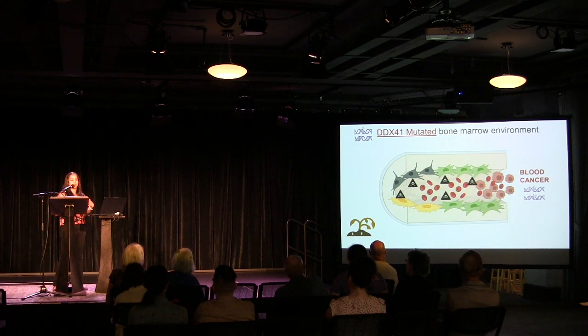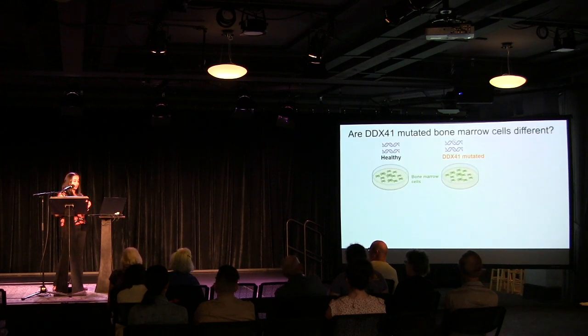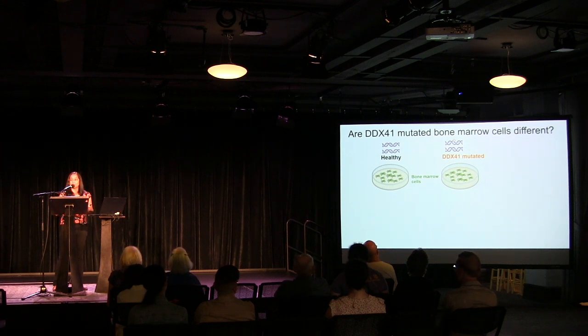Much like how when you have a defective or bad soil, after a point of time, the plant may also get diseased. So the question arises, are defective signals or cues in the bone marrow microenvironment, when mutated, corrupting blood cell development leading to cancer? So in the lab, what I'm trying to do is basically study these bone marrow cells and ask the question, are the DDX41 mutated bone marrow cells any different?